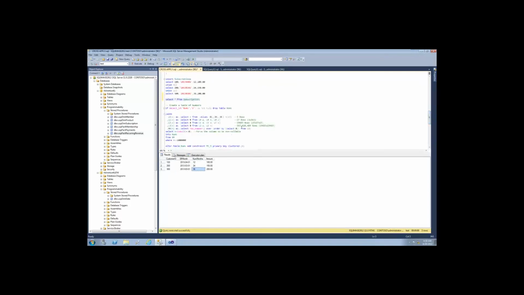Okay, so what we do here, or this is one design pattern, is we created a table just of numbers, not random numbers, they're sequential numbers. So if I do, it's just a million rows, and it's just a sequential number.